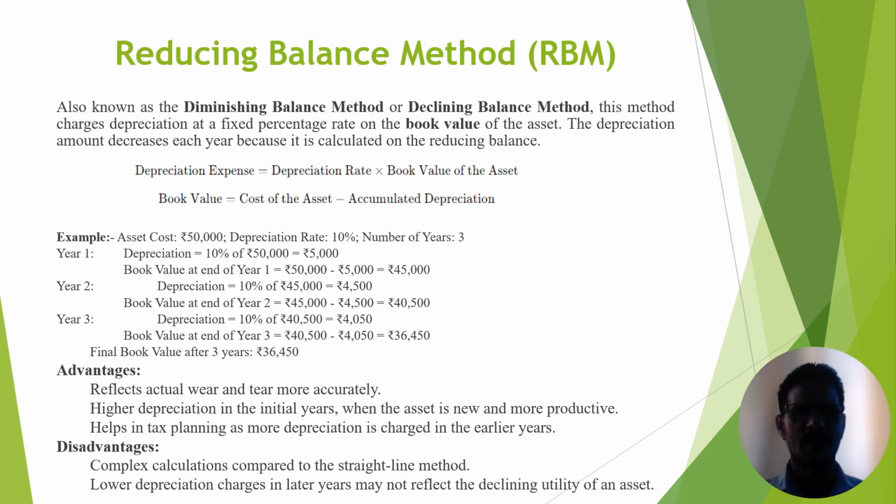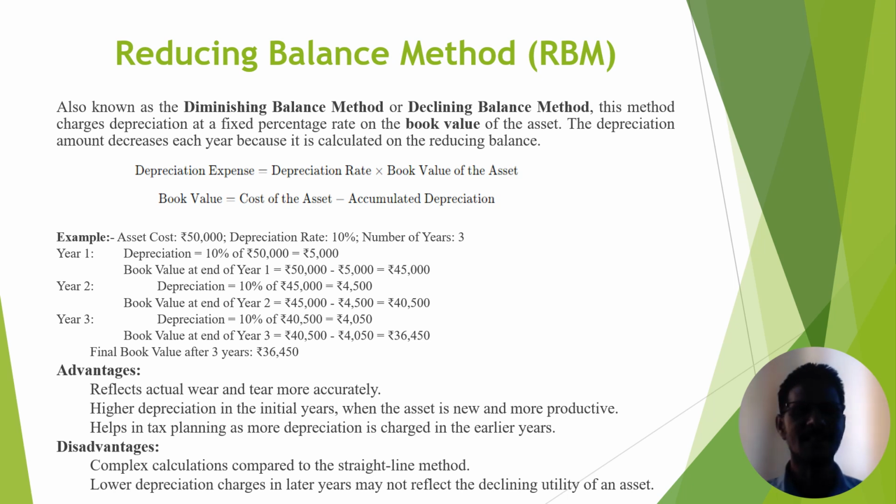Now for reference we take one small example. The asset costs 50,000 rupees and the depreciation rate is 10%. The number of years is 3. Here we calculate the depreciation amount and book value. For the first year, depreciation is 10% of 50,000 rupees.